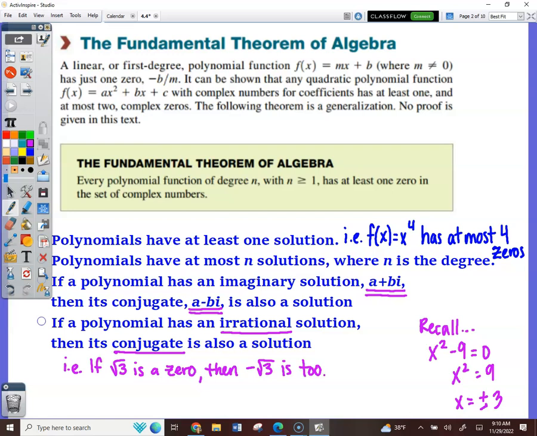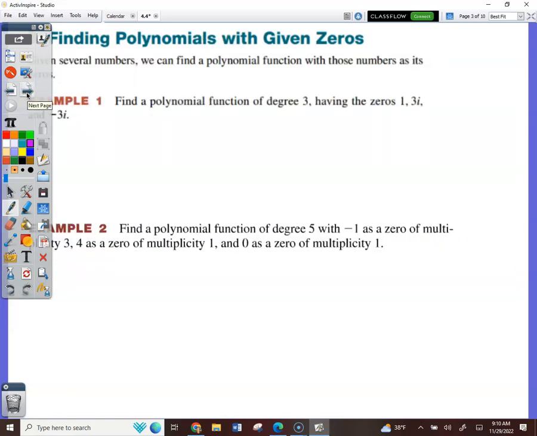Now let's go to the algebra. Find the polynomial function of degree 3 having the zeros 1, 3i, and negative 3i. In the last section, I gave you the polynomial and told you to check whether a number was a 0.